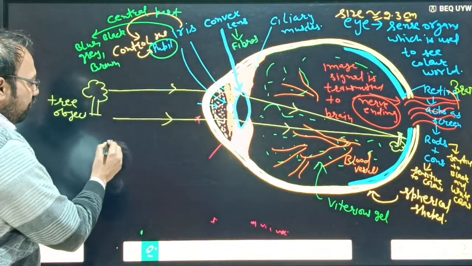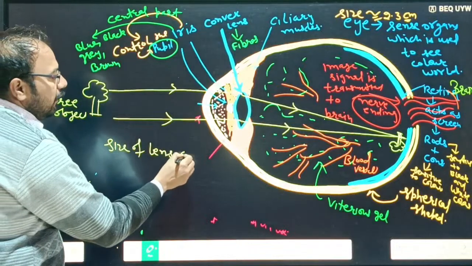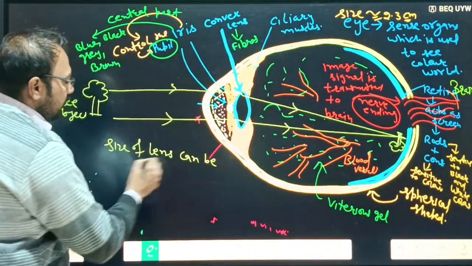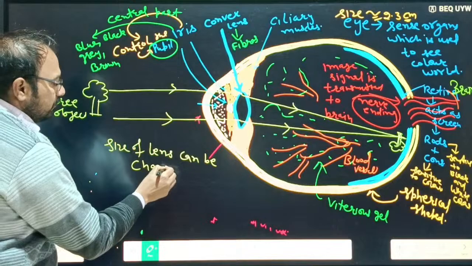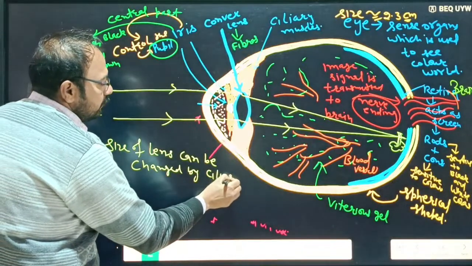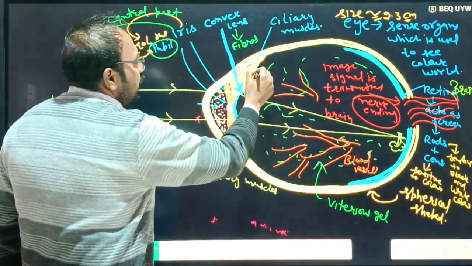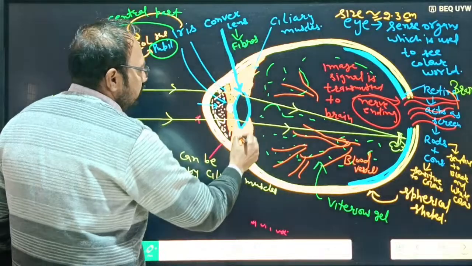For example, the size of the lens can be changed by ciliary muscles. So these are the ciliary muscles basically.